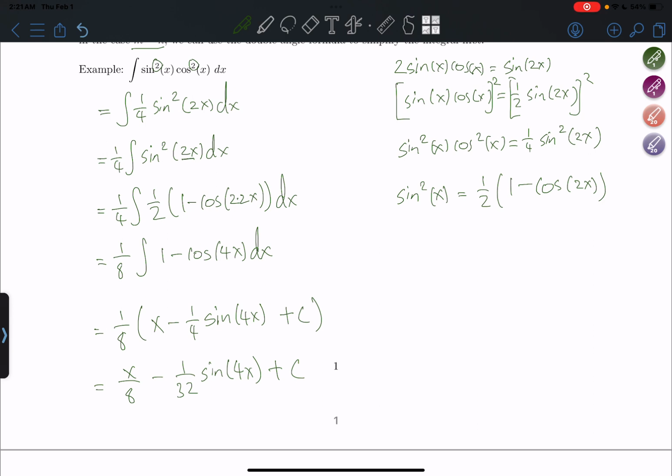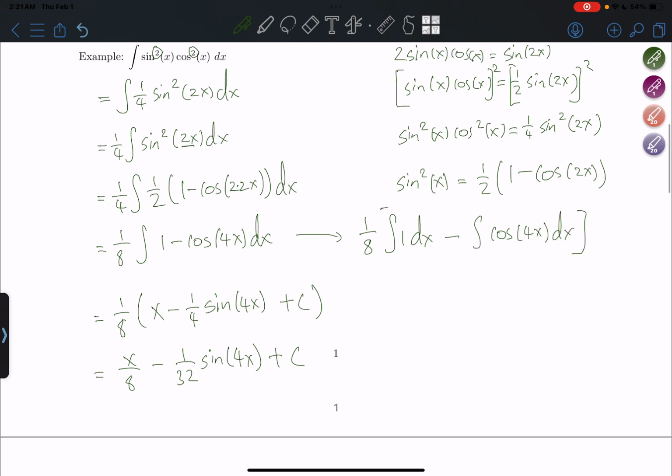In case you're not quite yet comfortable with that, let's go ahead and take a quick detour though. You want to break this apart, 1/8 integral of 1 dx minus integral of cosine of 4x dx. Okay, and that of course is 1/8. Let me separate these two. Of course, 1/8, and then the first integral is easy. You just get x minus this one though.